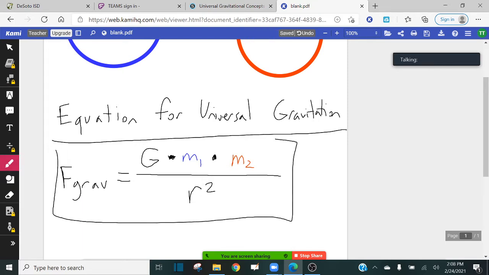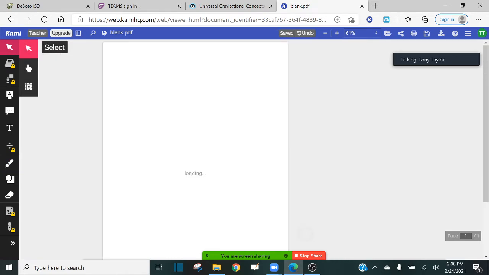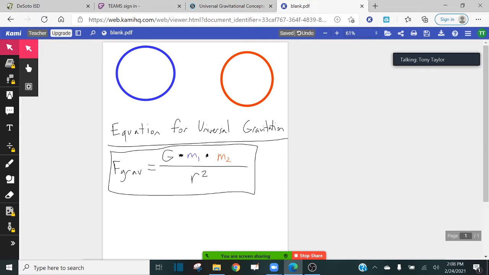So this is the equation we're going to be using today, guys. That is the equation for the force of gravity between any two objects.